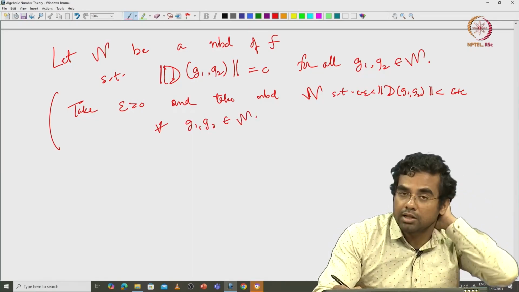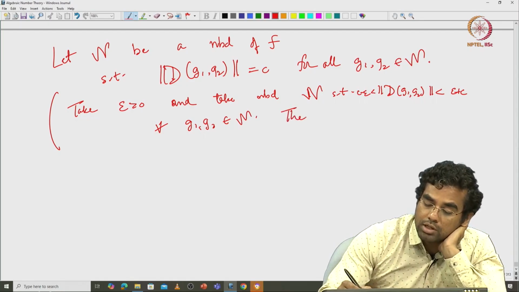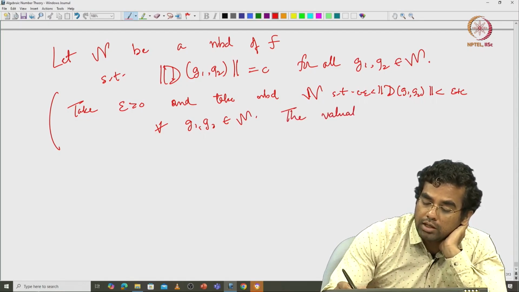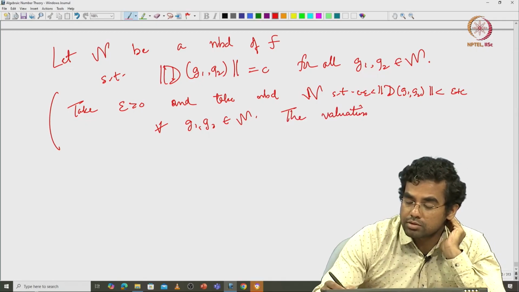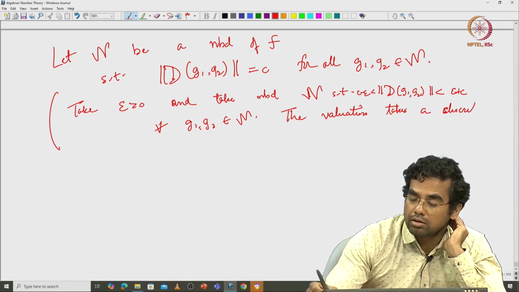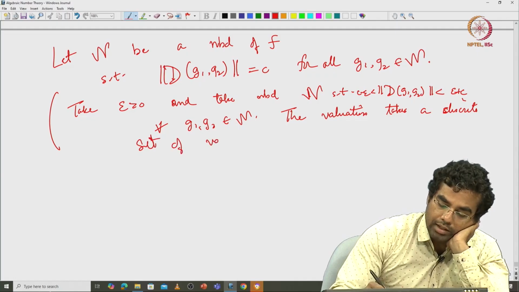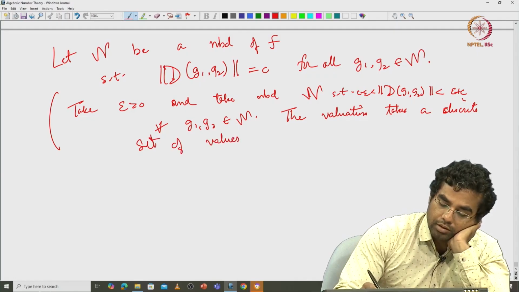But once epsilon becomes very small, the valuation only takes a discrete set of values, right.